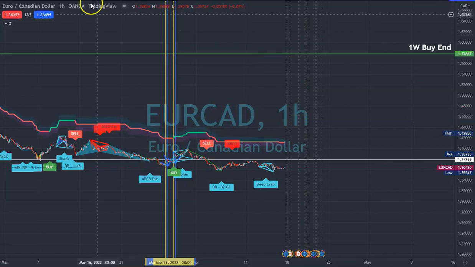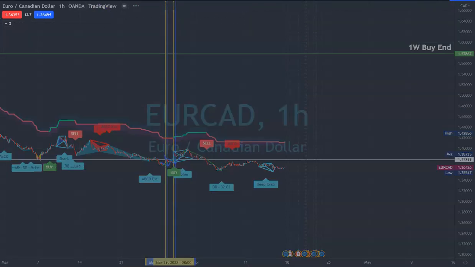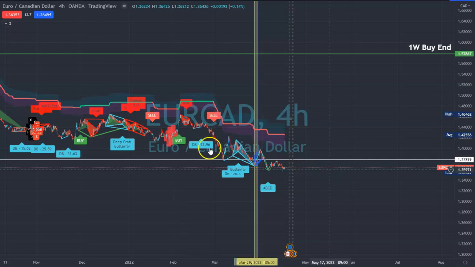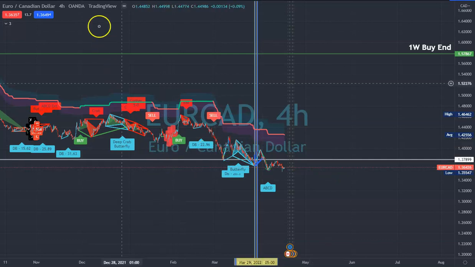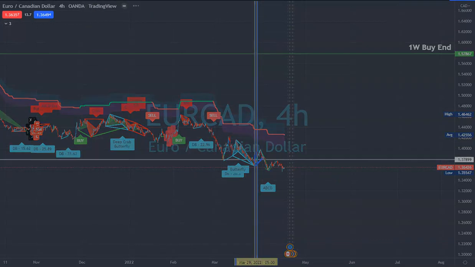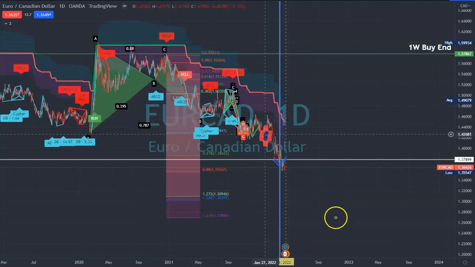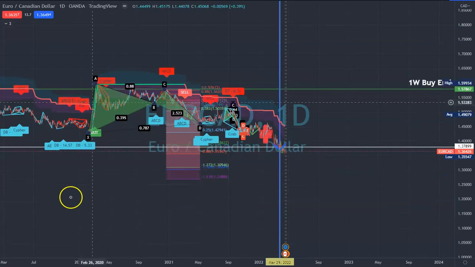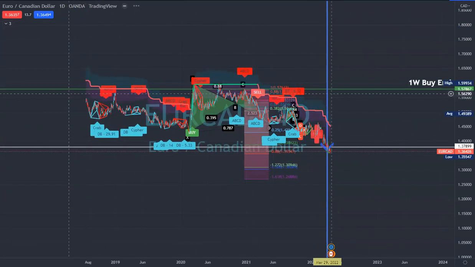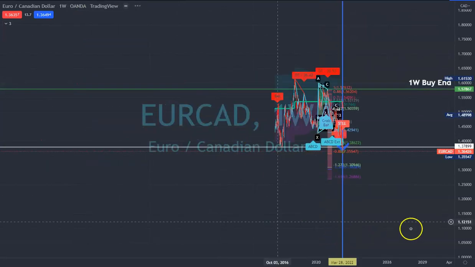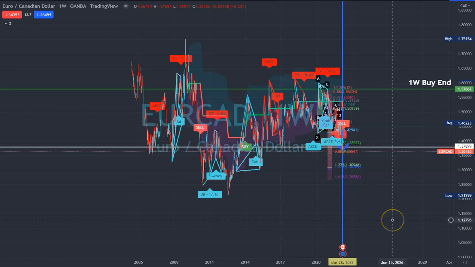Real cat. So, not too thrilled about it. It's just kind of, whatever. Down, down, down. That's what I see. On the daily, the weekly, a lot of drawings. Just so much work.